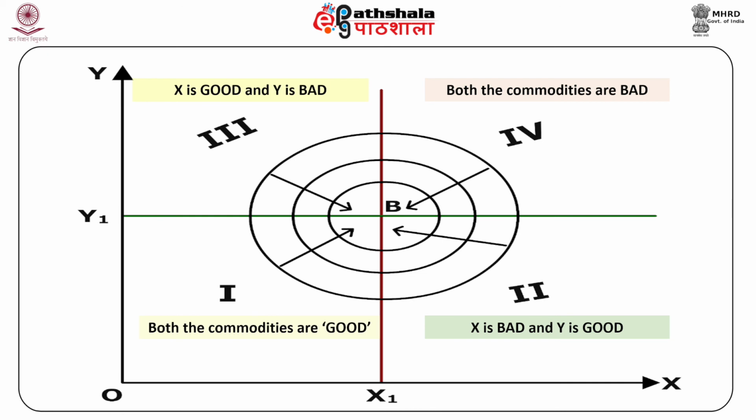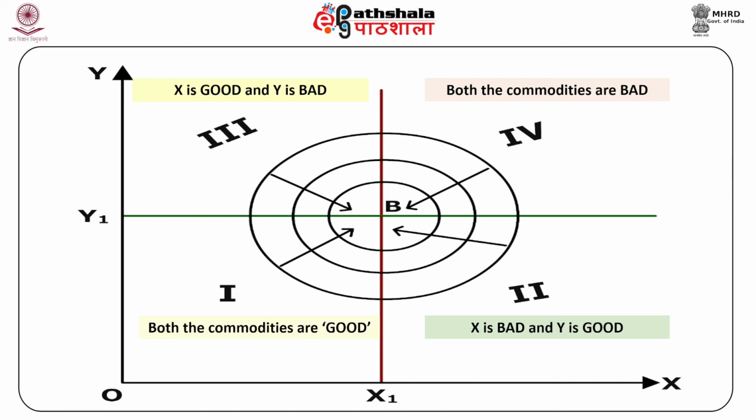In zone 2, commodity X is bad and Y is good, and therefore the indifference curves are upward sloping. In zone 3, X is a good while Y is a bad, and this is shown by upward sloping indifference curves. In zone 4, both commodities are bad and thus indifference curves slope downward. You can see figure 16.